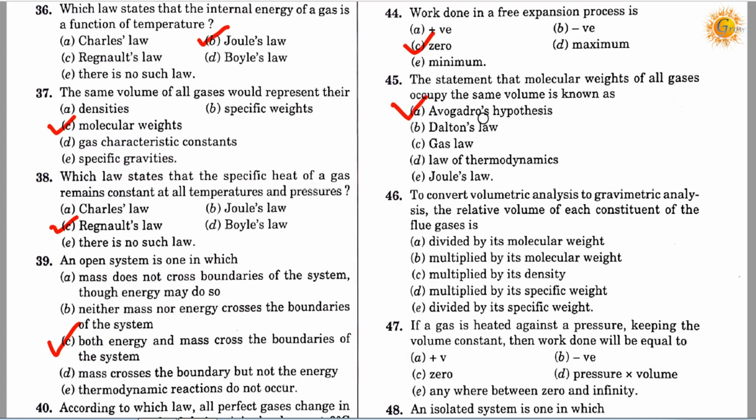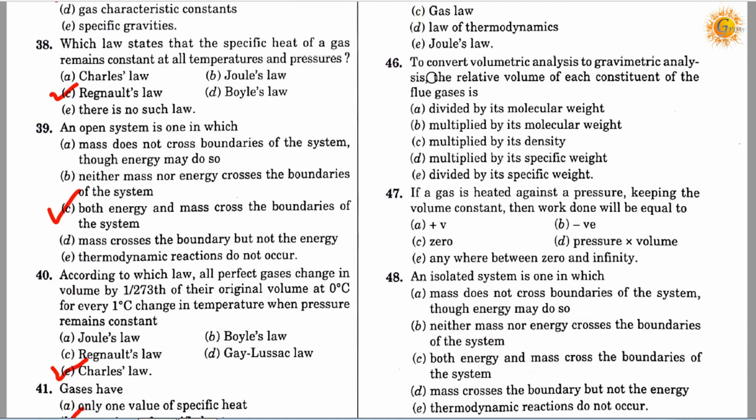Question number 46. To convert volumetric analysis to gravimetric analysis, the relative volume of each constituent of the fuel gases is option A divided by its molecular weight, option B multiplied by its molecular weight, option C multiplied by its density, option D multiplied by its specific weight, option E divided by its specific weight.